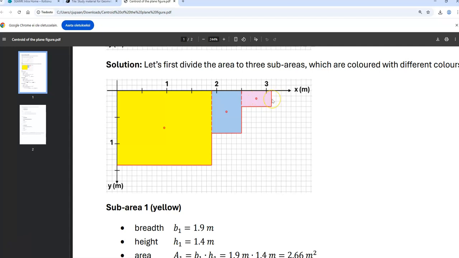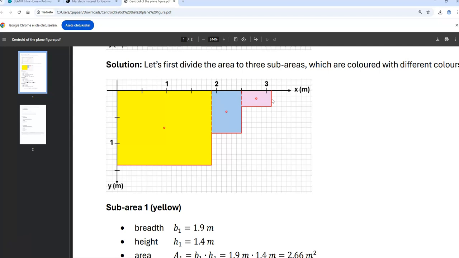But you have to remember that you don't see any coordinates in real life. If you get, for example, this concrete element there, you can't use any coordinates there. You only have to do measurements.